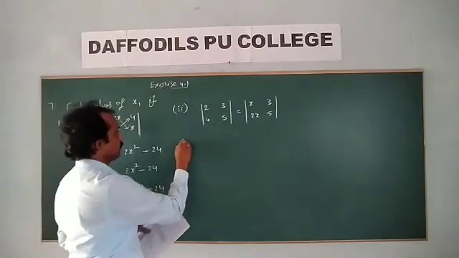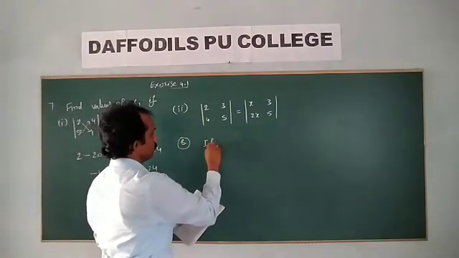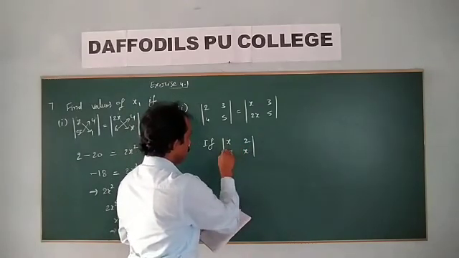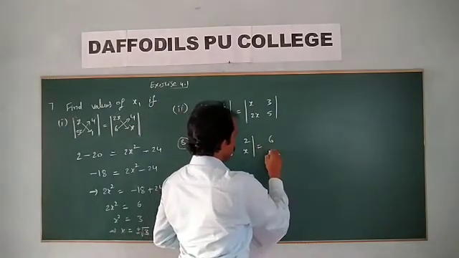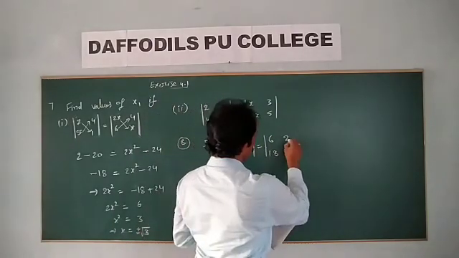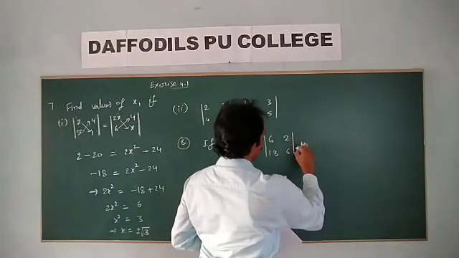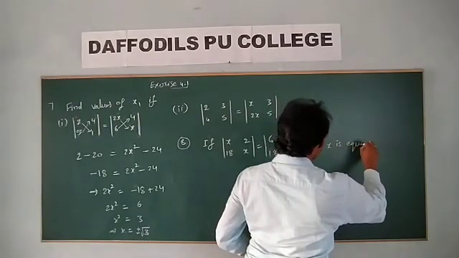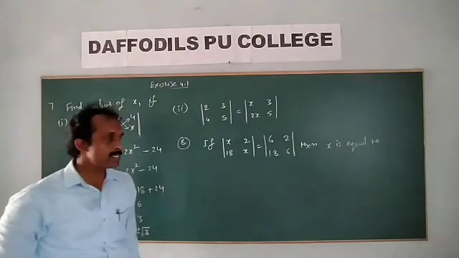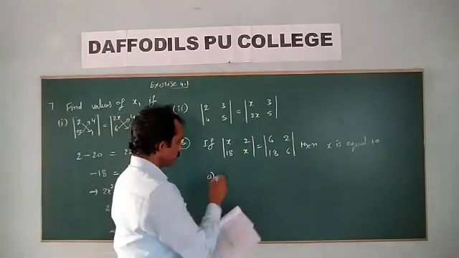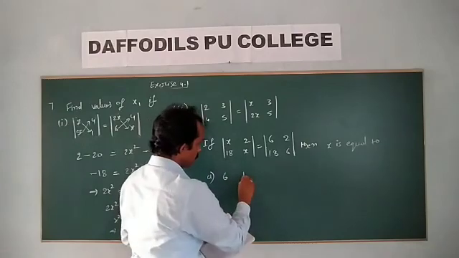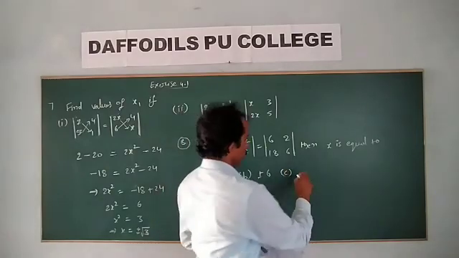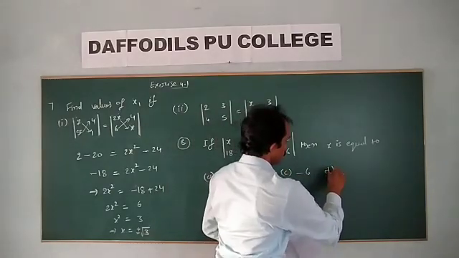Next one: if the determinant x, 2; 18, 6 equals the determinant 18, 2; 6, 6, then x is equal to, a multiple choice question: option A 6, option B plus or minus 6, option C minus 6, option D 0.